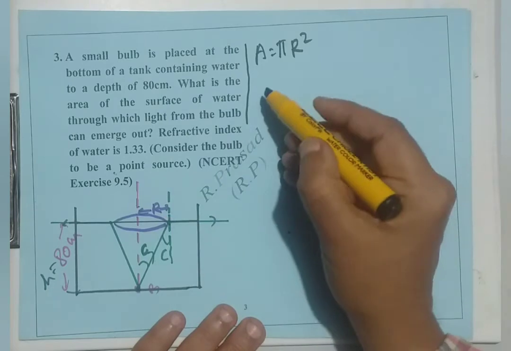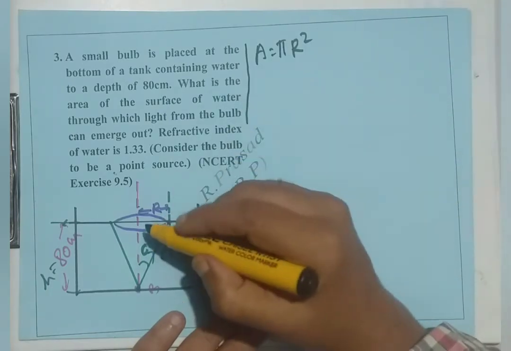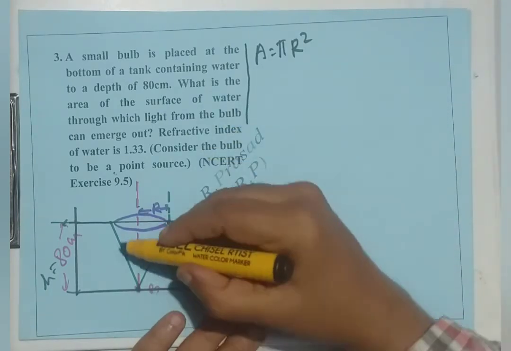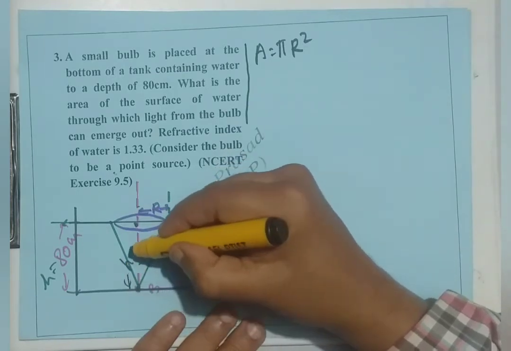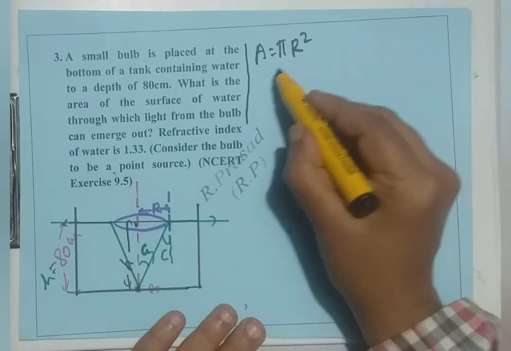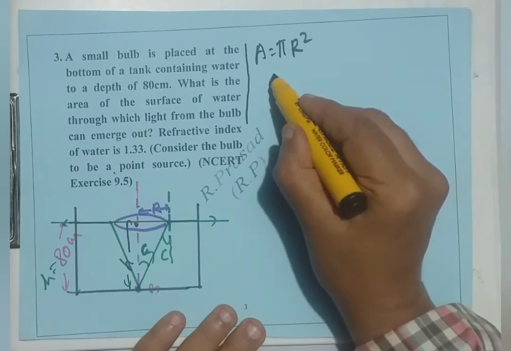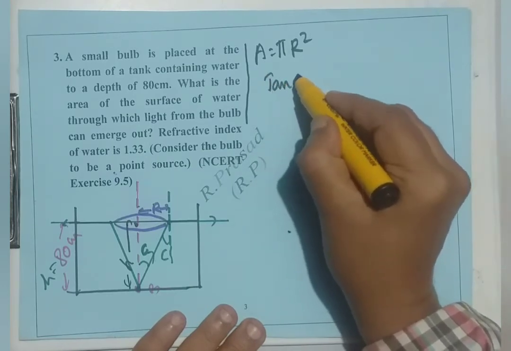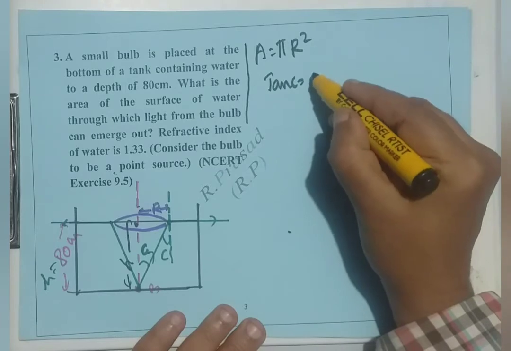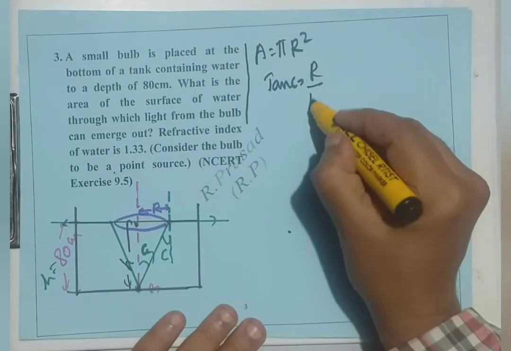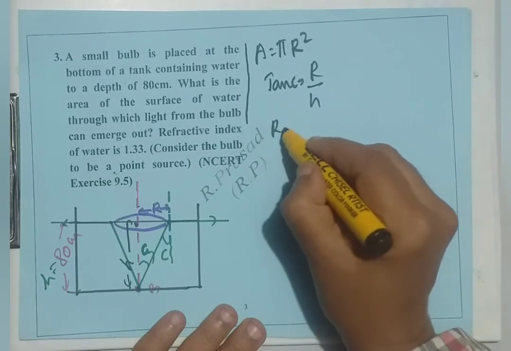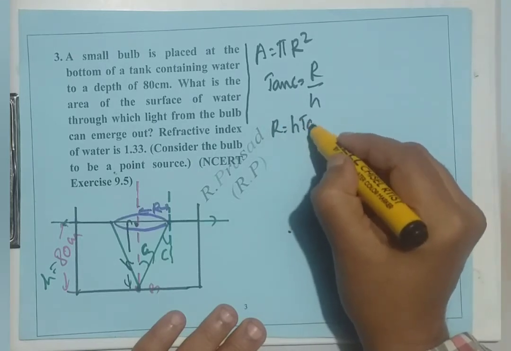But r from the figure, we can write this height is h. Therefore, from trigonometry, tan c equals opposite r by adjacent h. Therefore, r equals h tan c.